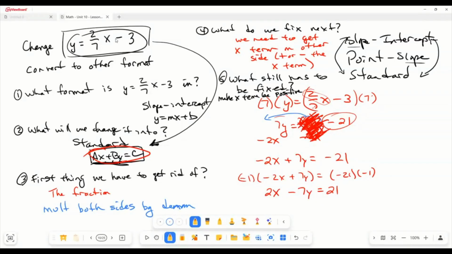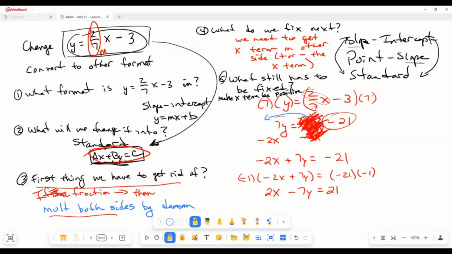So when you start with slope-intercept, you need to look and see, is there a fraction? If there is, get rid of it. Get rid of that fractional slope, because remember, this is the slope. If that's not a fraction, then all we've got to do is start getting the x on the other side. So if a fraction, then multiply both sides by the denominator.